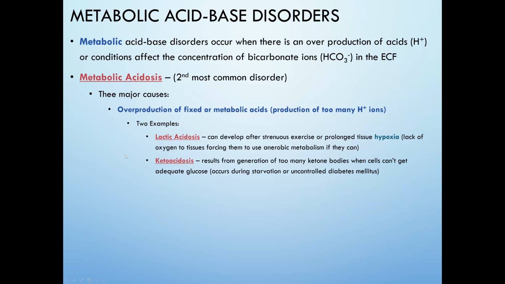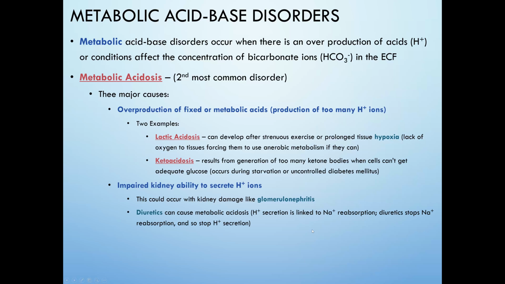The second major cause of metabolic acidosis is if you have an impaired kidney ability to secrete hydrogen ions. So this could occur with kidney damage like glomerulonephritis, which was talked about in chapter 26. Diuretics can also cause metabolic acidosis because hydrogen secretion is usually linked to sodium reabsorption.